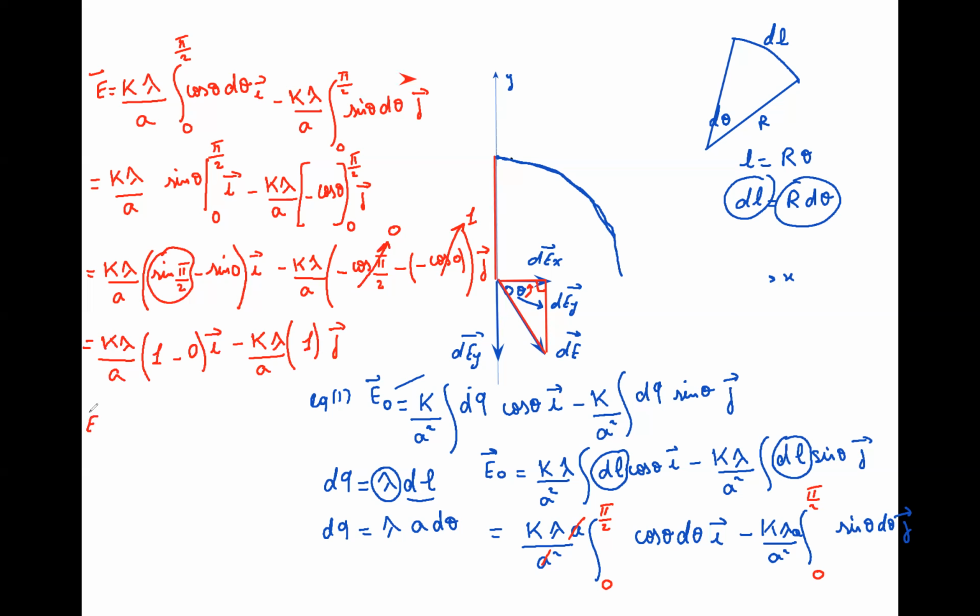So the final equation of the electric field at the point O equals k lambda divided by a, i, minus k lambda divided by a, j. This is the value of the positive part.